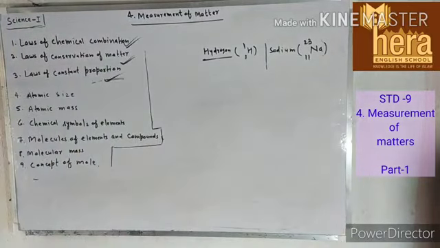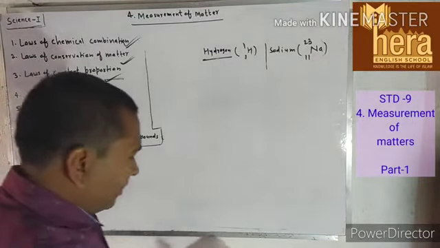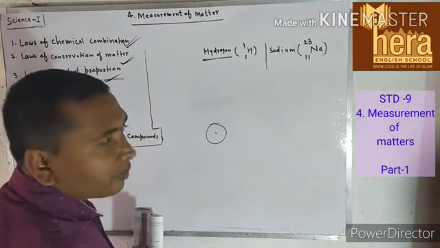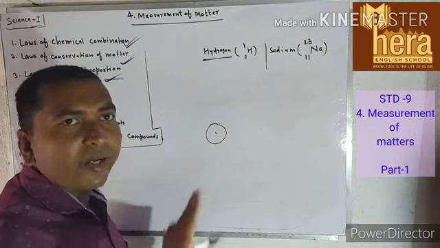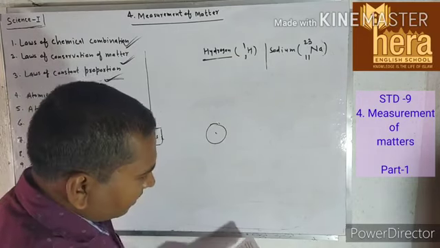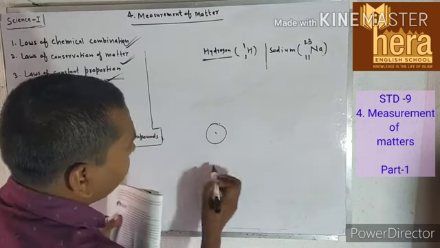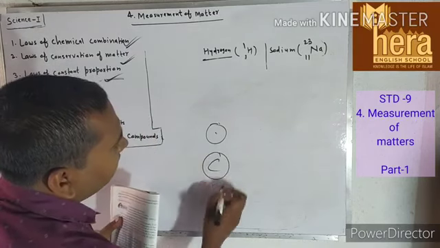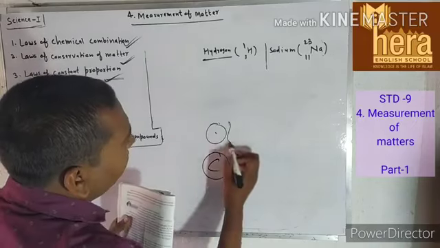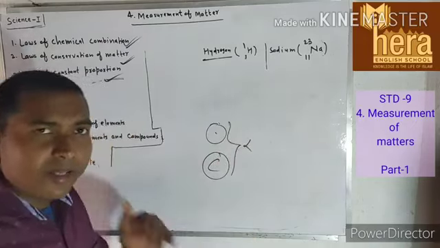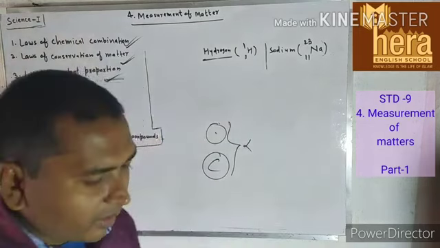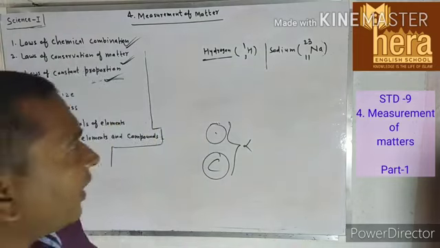In the beginning, if you make a circle and put a dot in it, this is the symbol of hydrogen. And if you want to write copper, you make a circle and write C. This became copper. So it became very difficult. You can't remember all the elements, because you will get confused.